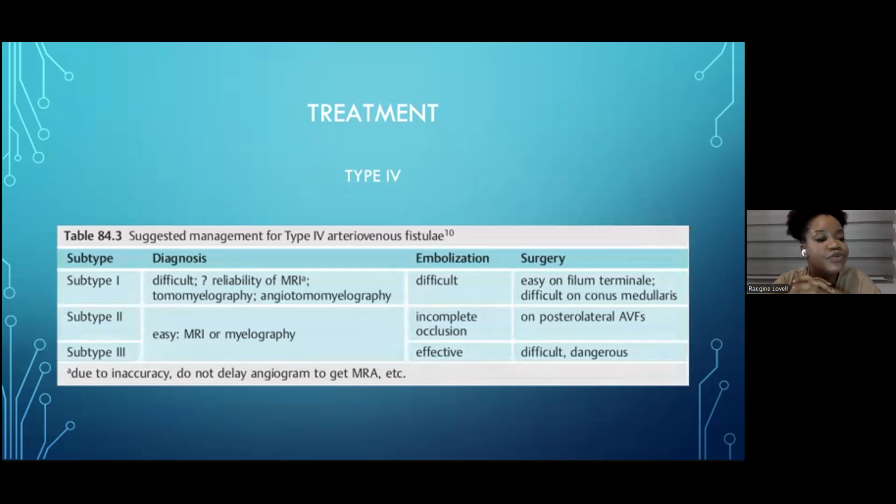For subtype 2 and 3, diagnosis is relatively easy when compared to type 1 and done with MRI or myelography. For subtype 2, embolization results in incomplete occlusion and surgery is done on the posterolateral AVFs. For subtype 3, embolization is quite effective and surgery can be difficult and dangerous.